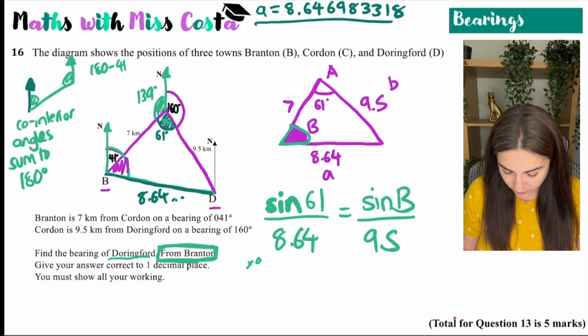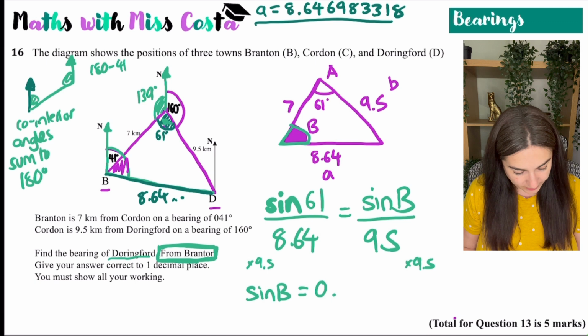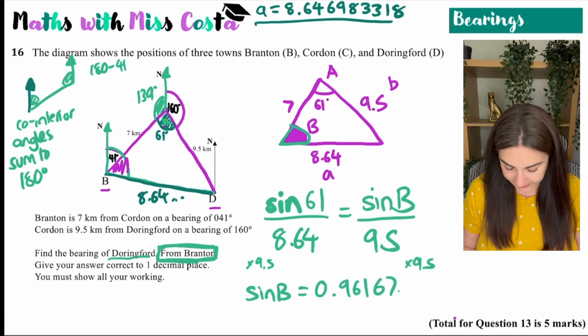So if I multiply both sides by 9.5, sine B is going to be equal to sine 61 over 8.64 times 9.5, which is 0.96167 and so forth.